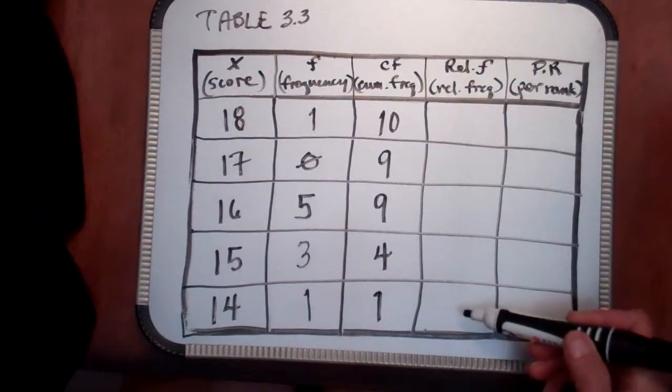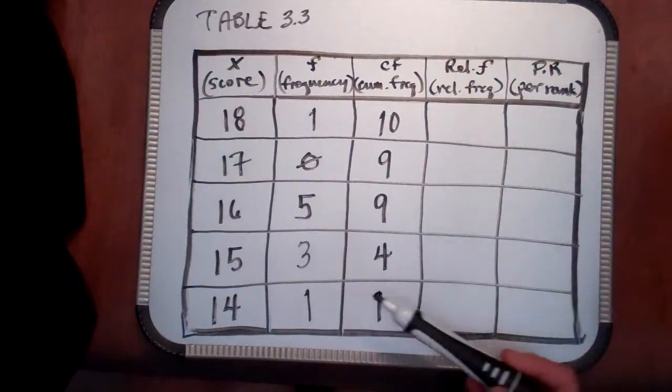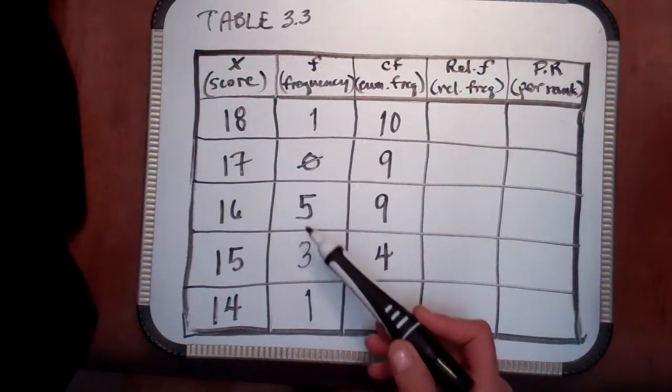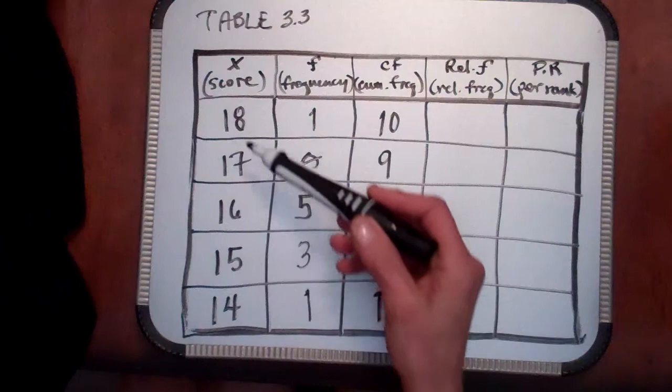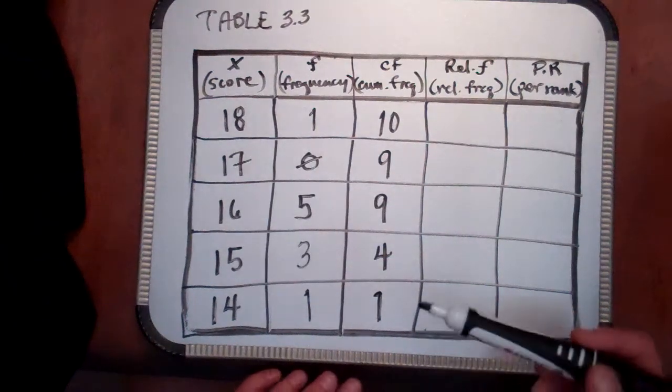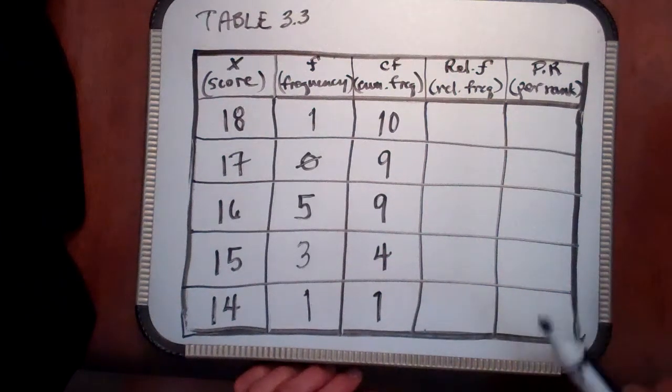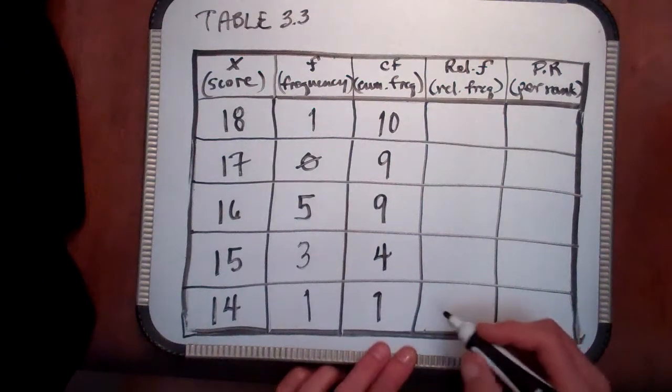Now, relative frequency is the frequency at each score observed, or each age in this case, divided by the total number of cases. Total number of cases in this case were 10, right?